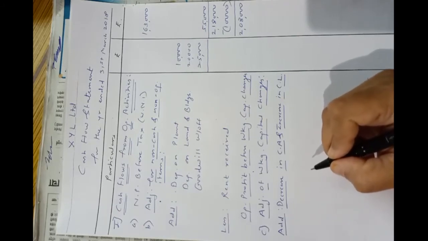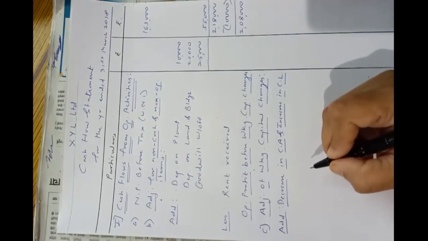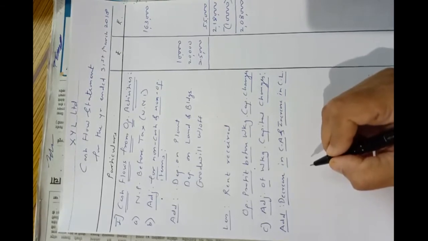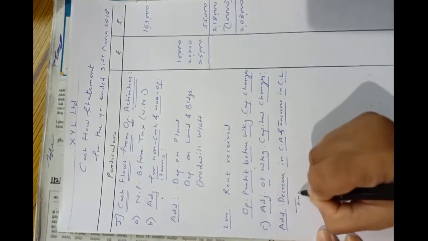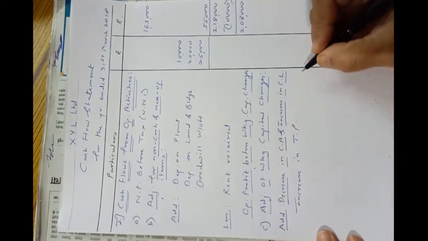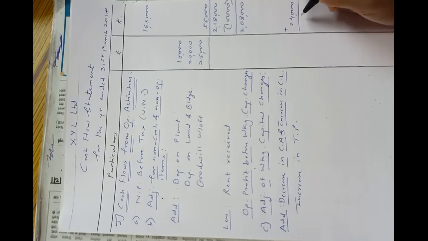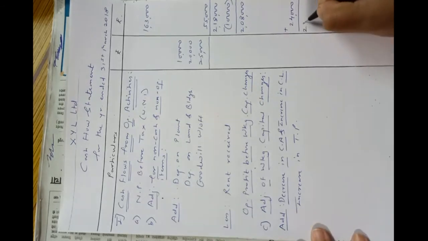While reading the problem, we have discussed that there is no decrease in current assets, so there is an increase in current liability, that is trade payables. Increase in trade payables, only one item is there, that is 24,000. Directly I will write in outer column, and now we will add it. 2,08,000 plus 24,000, so it is 2,32,000.